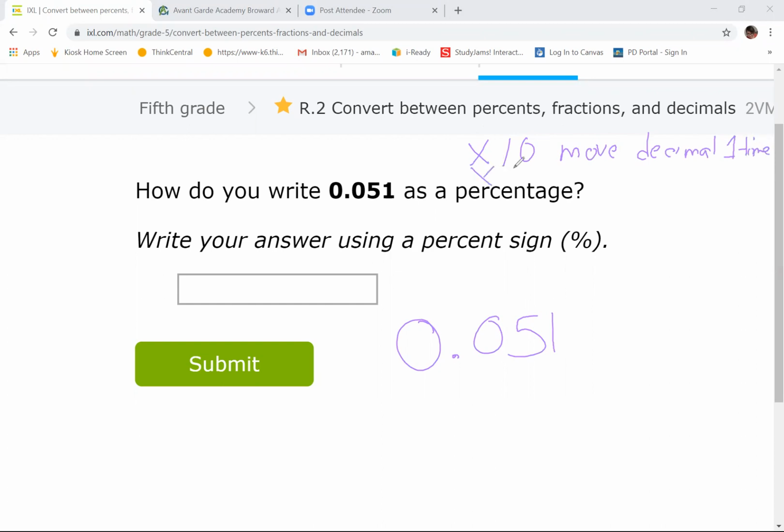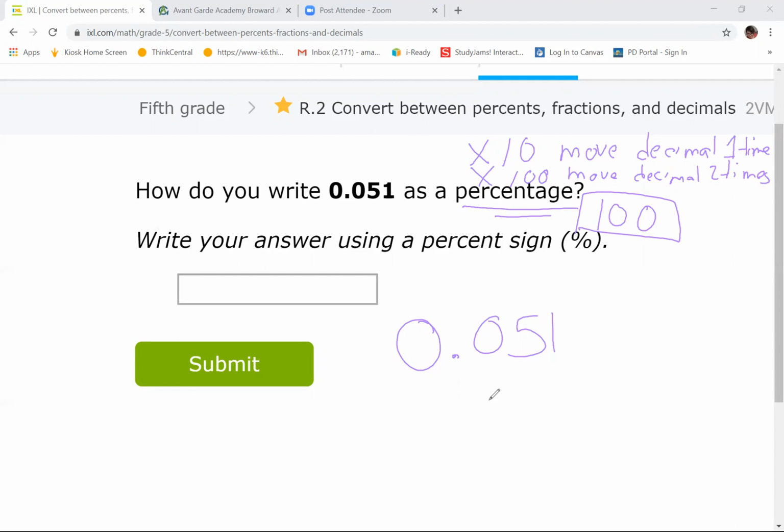And when you multiply by 100, you move the decimal 2 times, right? Now we're talking about percentages, which means it's out of 100. So we're going to move that decimal point 2 times.